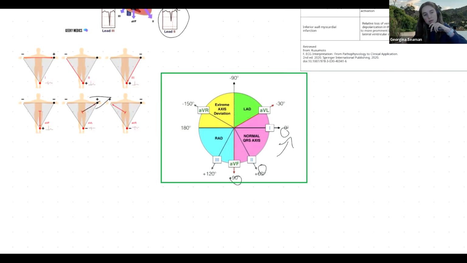Not quite. The most positive lead is going to be lead 2, right? We'll agree on that in a perfect world, but obviously there's variation in everyone.